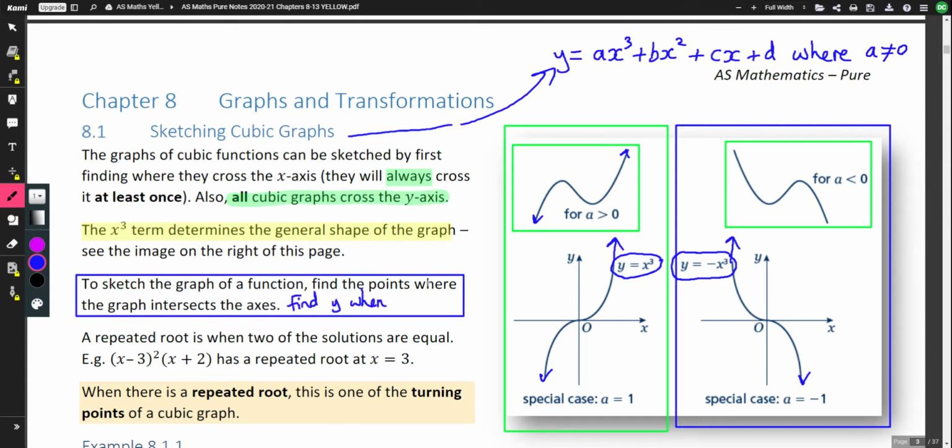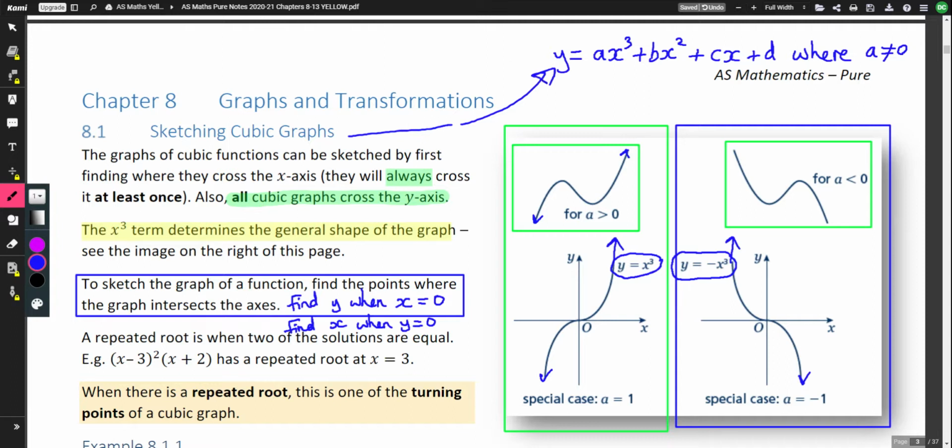So find where it crosses the y-axis by making x equal to 0, because that's true anywhere on the y-axis. X is 0 on the whole of the y-axis, and then vice versa. To find where it crosses the x-axis, we solve the equation when y equals 0. Because once again, everywhere on the x-axis, y is 0.